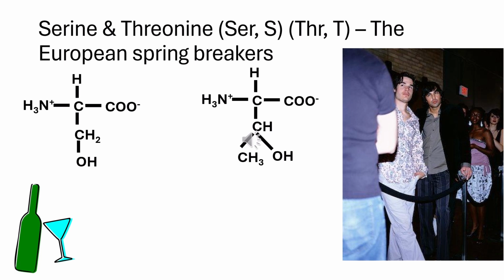Whereas threonine, he's older, he's a little bit more mature, he's more grounded. That's why he has the 2 legs. So while he does like partying and he has that alcohol group, it's not his entire life. And you have to remember that things with the alcohol groups can be phosphorylated, they can get a P, so if you drink too much, you might end up puking.